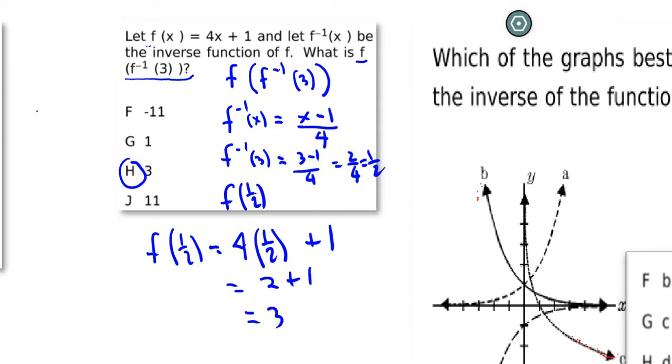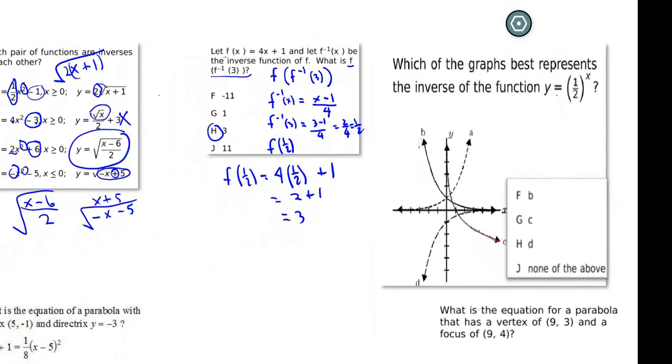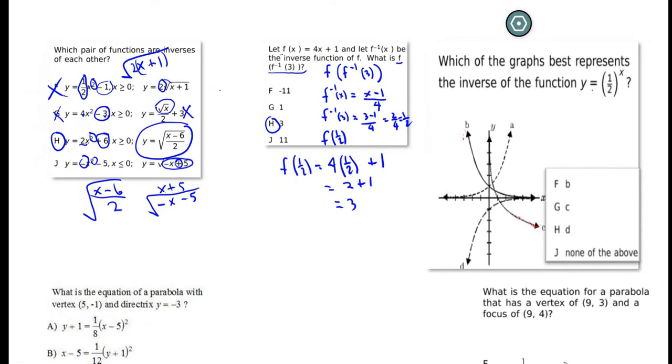And then the next problem we worked in class was this one over here with the graph. We're looking for the inverse of this function. Obviously, this is an exponential function, like our function b right here. We're looking for one that will be a log.